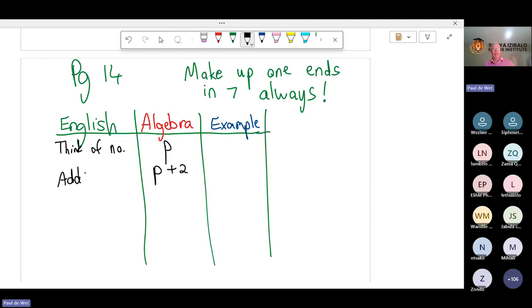Now, can anyone explain what I've done to get from here to here? What's the instruction if I've gone from P plus 2 to 3P plus 6? Well done. I've multiplied by 3.